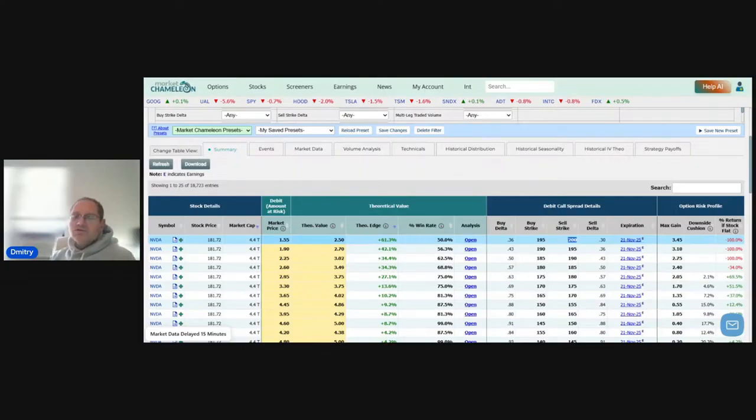So what we want to do in this example is narrow down potential spreads based on liquidity measures.